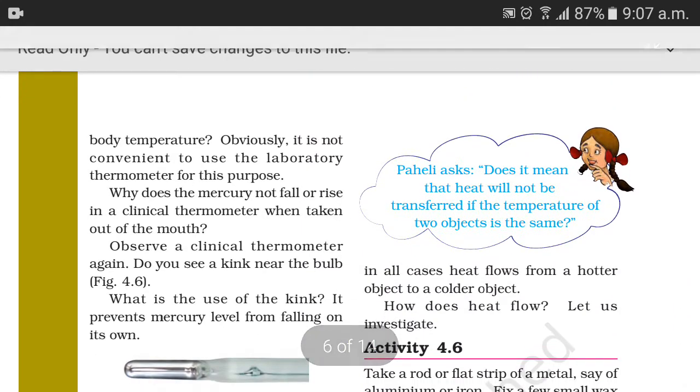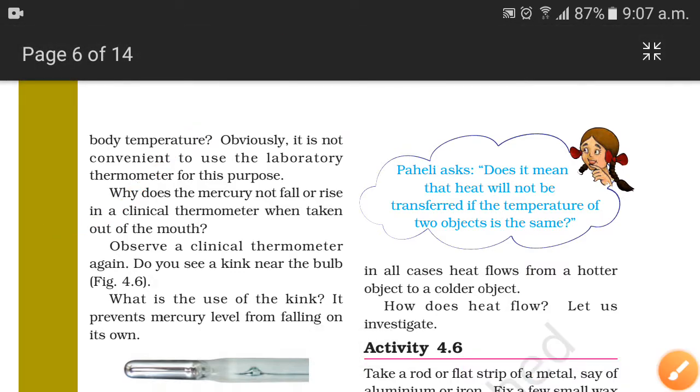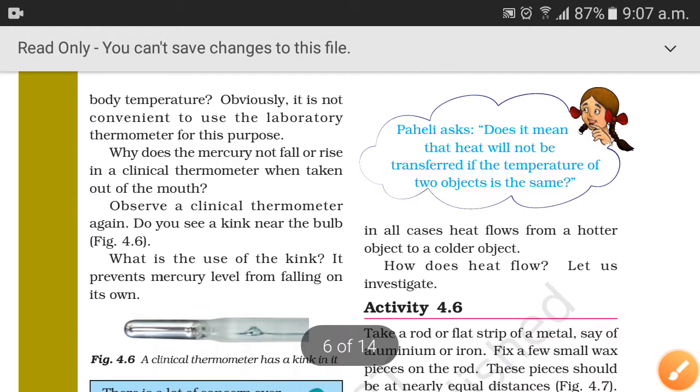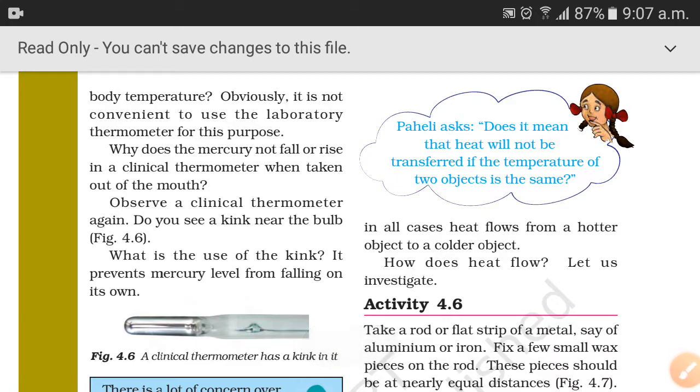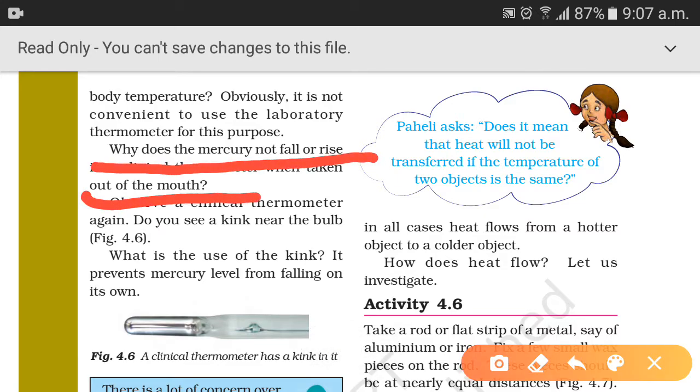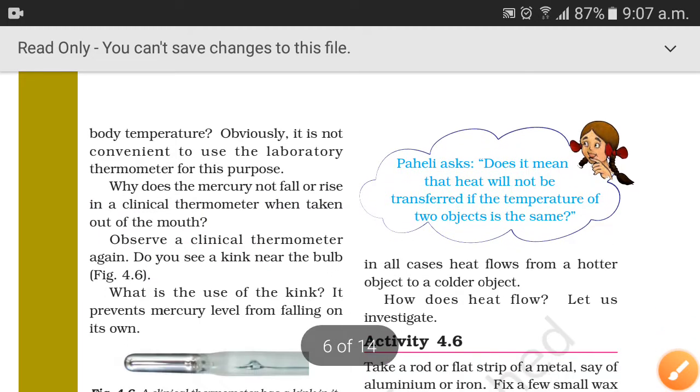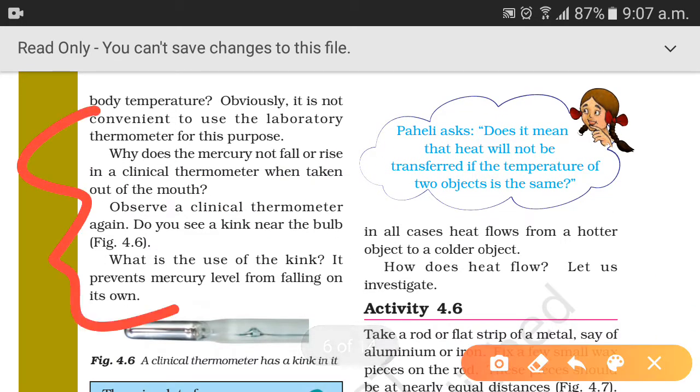Now beta, see here, this paragraph is very important. Why does the mercury not fall or rise in the clinical thermometer? This is a very important question. This question also comes: the level of mercury does not fall or rise in the clinical thermometer when taken out of the mouth, but in the laboratory thermometer it happens.